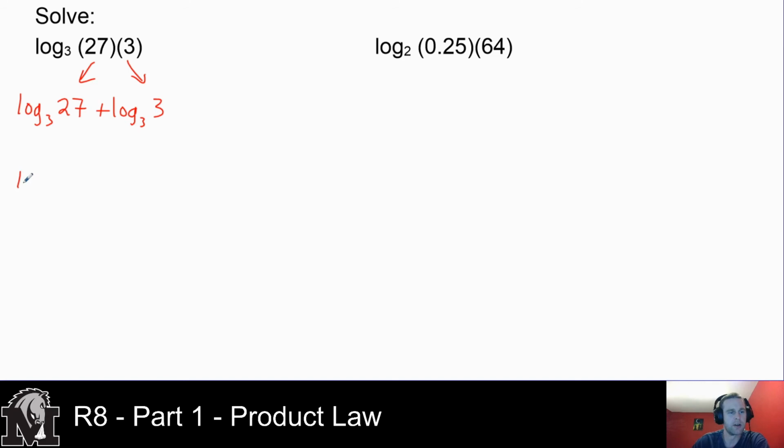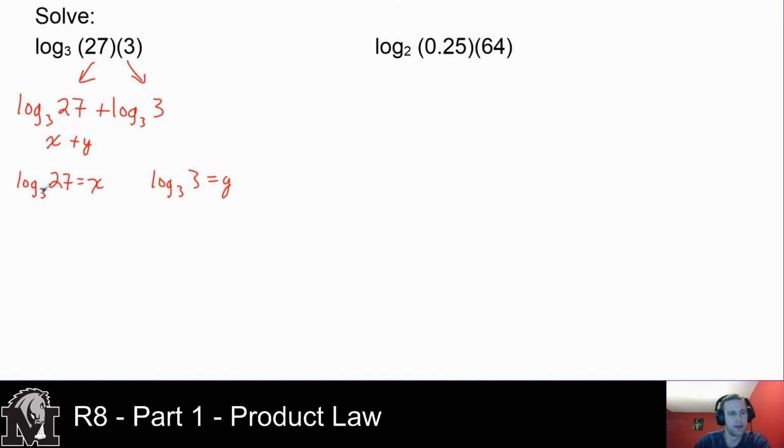So I'm going to say that log base 3 of 27 is equal to x, and log base 3 of 3 is going to equal y. So that really means I have x plus y here.